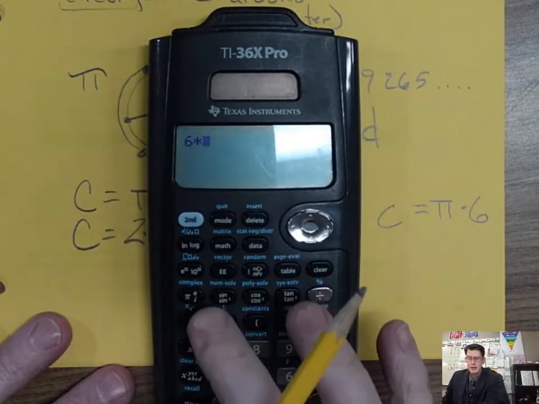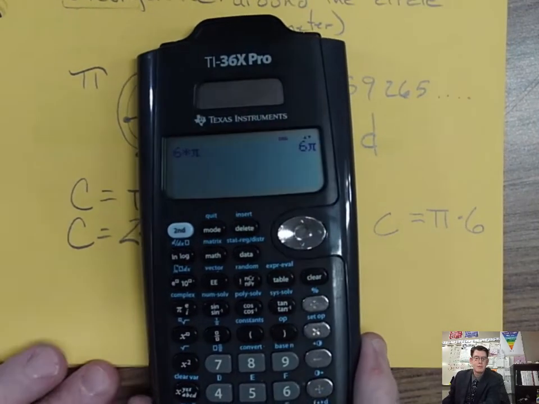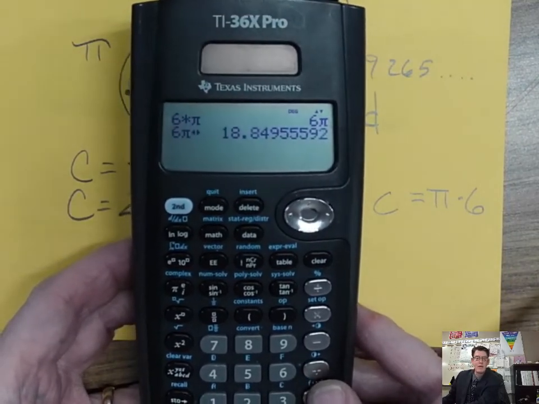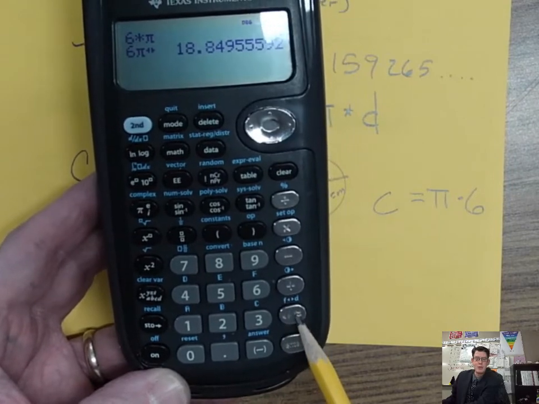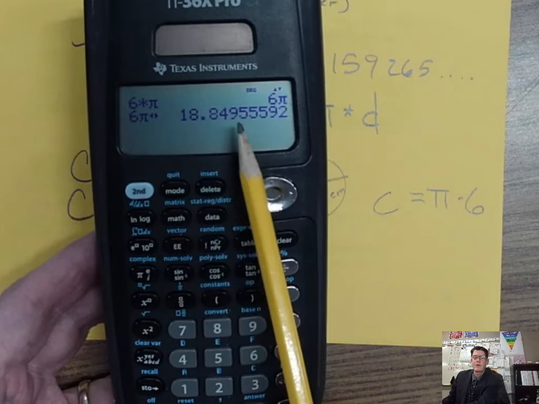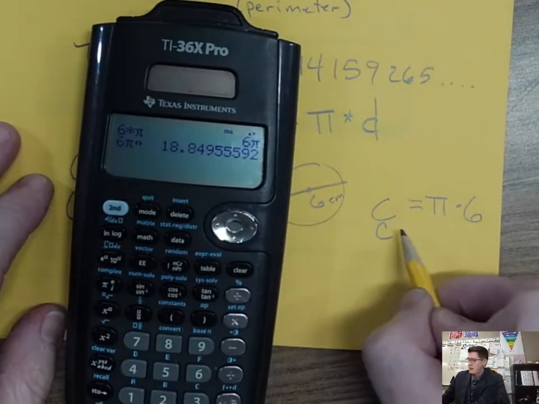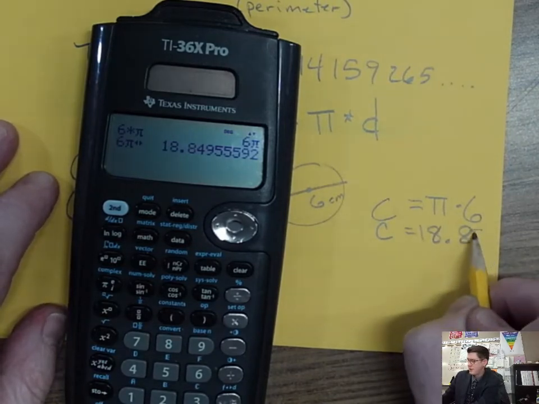Right here. 6 times pi equals, and 6 pi is one way to say it. And if I want to write it differently, I hit enter, but the other way to do it is to multiply 6 times 3.141, and I get that. So the circumference of this circle ends up being 18.8, it's about 18.85.